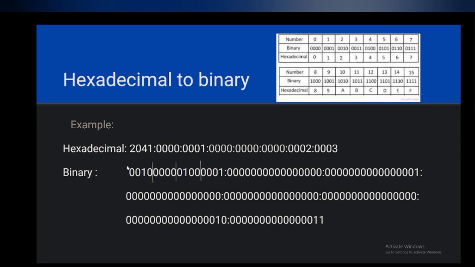So 2 is 0010, 0 is 0000, 4 is 0100, 1 is 0001. And I put these lines in here to just make it easier to divide up the zeros. But as you continue to translate from binary to hexadecimal, vice versa, you will see that these basically mean the same thing, right?